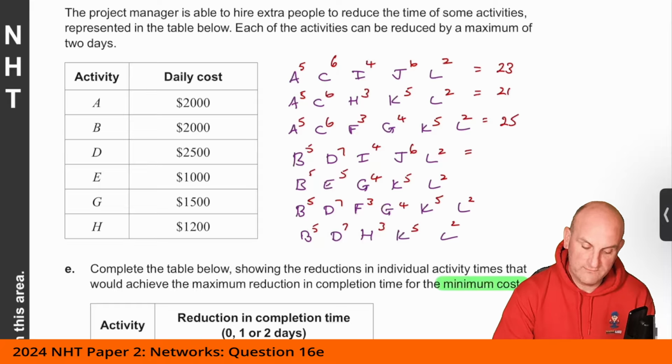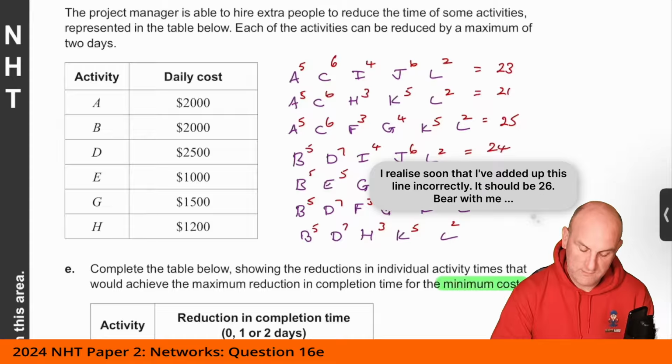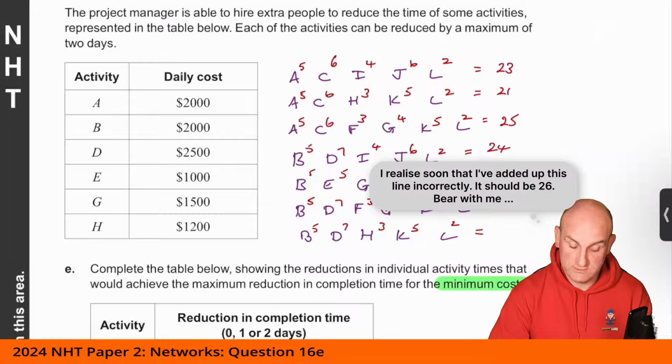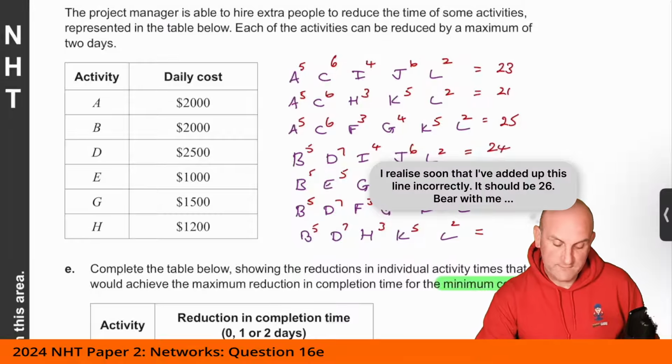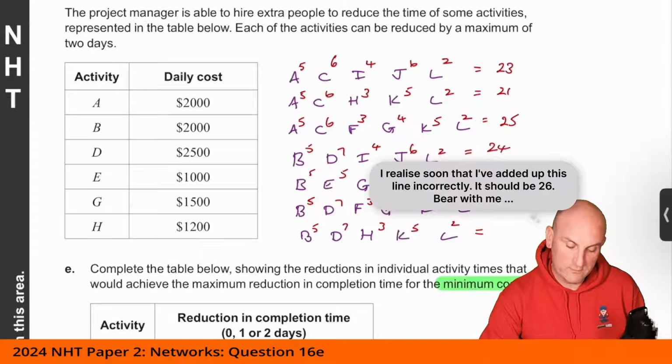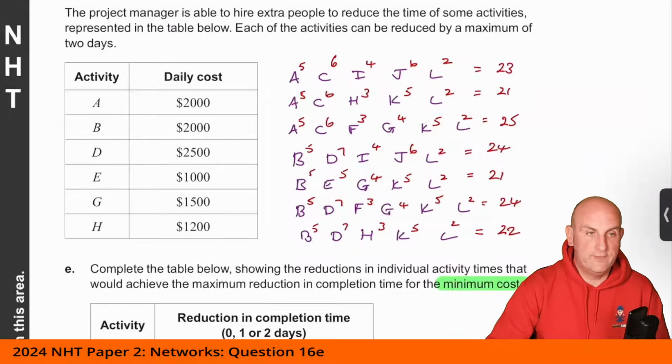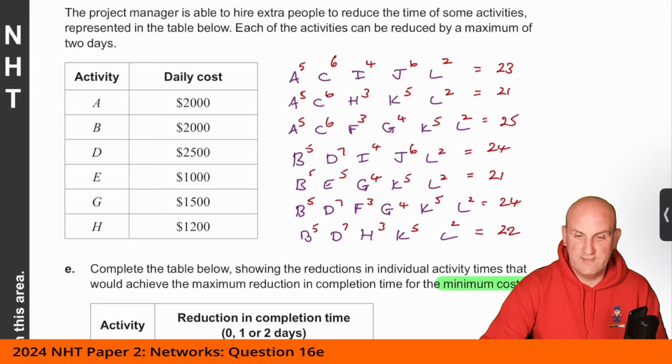This is going to be 7, 8, 9, 10, 11, 12, 18, 24. 10, 15, 19, 21. 5, 12, 15, 19, 24. And finally 5, 7 is 12, 15, 20, 22. Hopefully those are therefore going to be my right values.